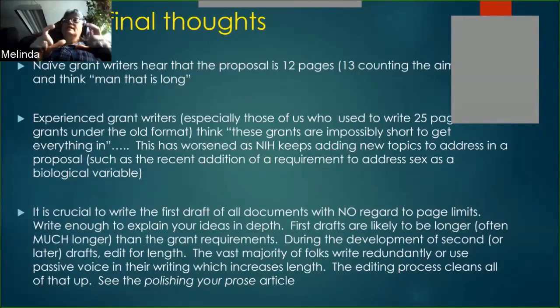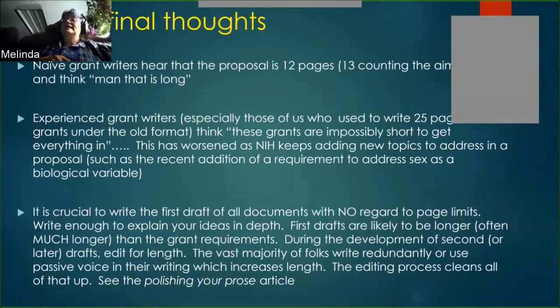One thing that is sometimes frustrating is that you'll get your grant reviewed and the reviewers will come back and ask you for more information and you're like, how can I possibly fit that in there? I only had 4 pages. Don't write to 4 pages when you're writing this. Write the approach section in its first draft as long as it needs to be.